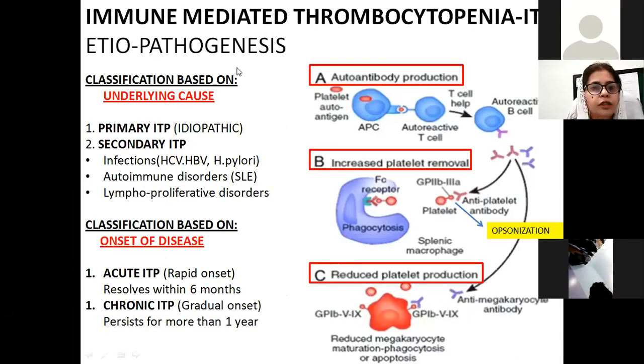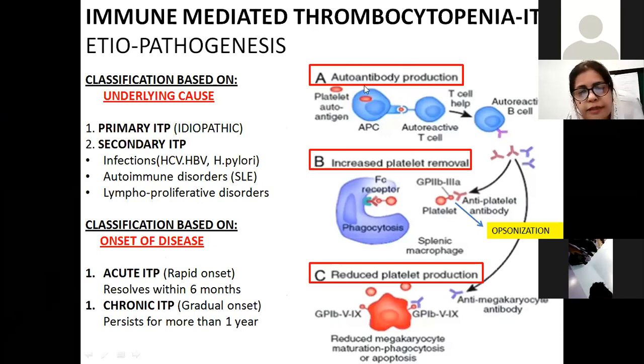Okay, so what is the etiopathogenesis in ITP? Basically, the main cause is the formation of autoantibody. That is, an antibody is produced against our own platelets due to immunomodulation.